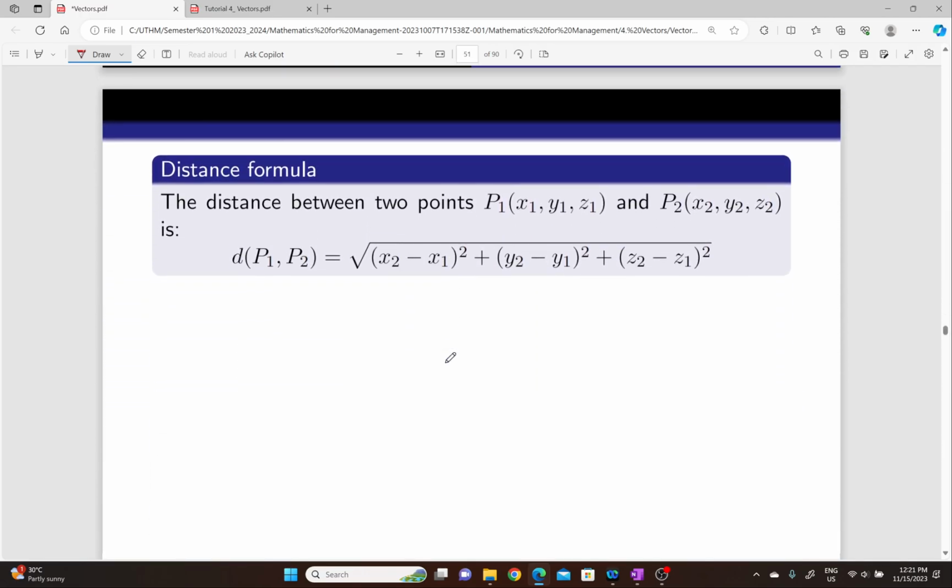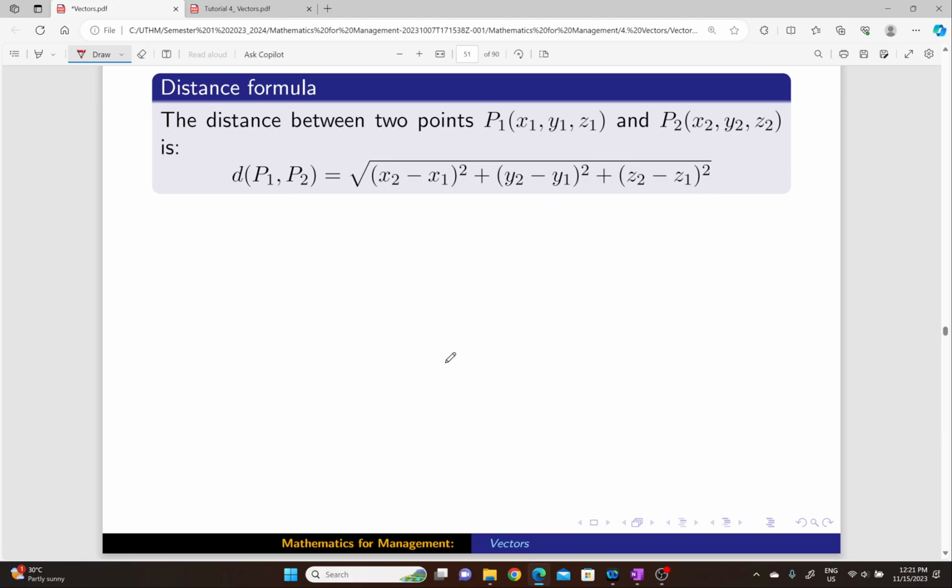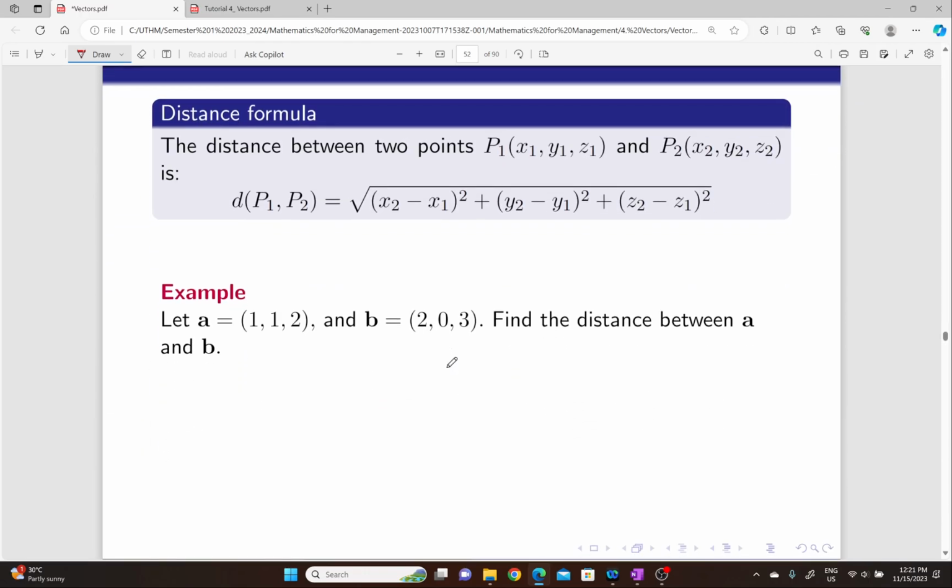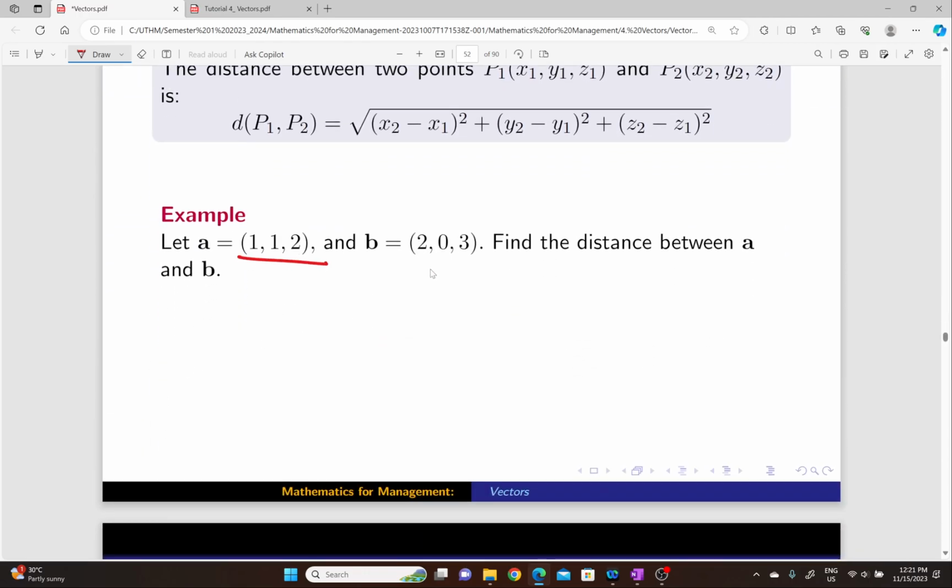Now we are going for the distance formula. The distance formula is almost the same as the point formula. Just look at this. You have two vectors here.